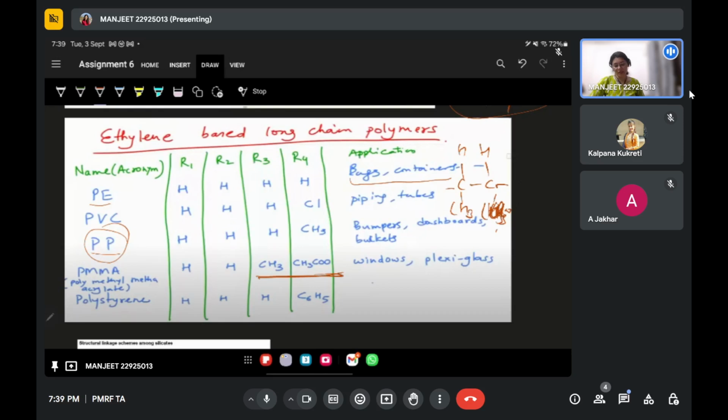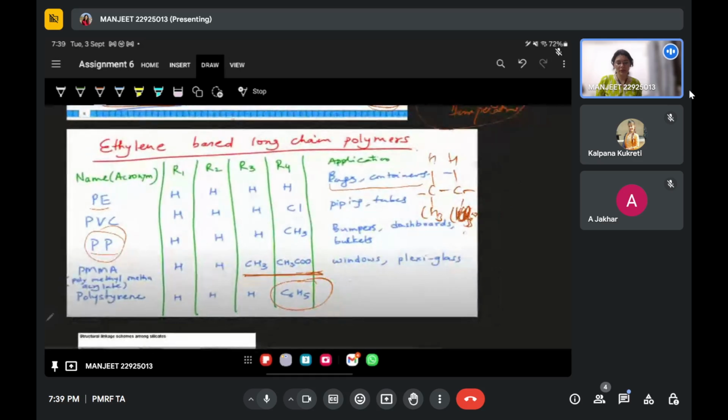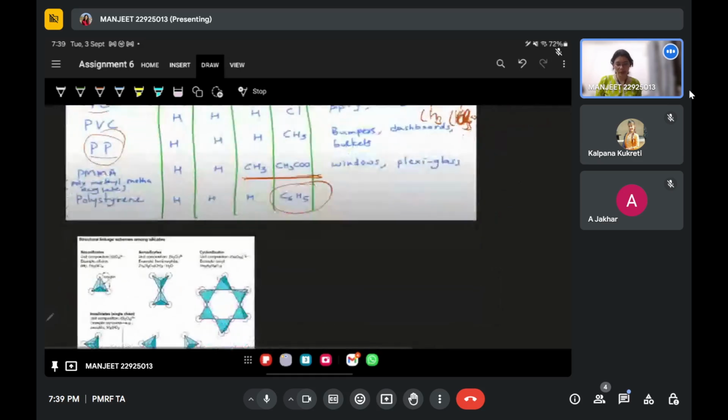Another is polystyrene, in which one hydrogen is replaced with C6H5. So these are the long-chain polymers based on the ethylene two-carbon unit.